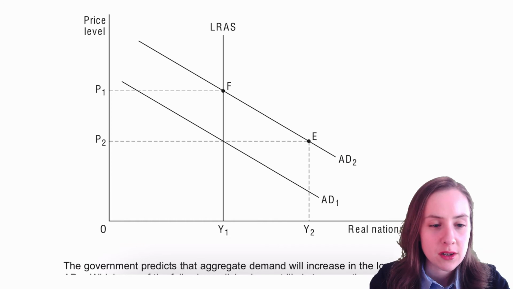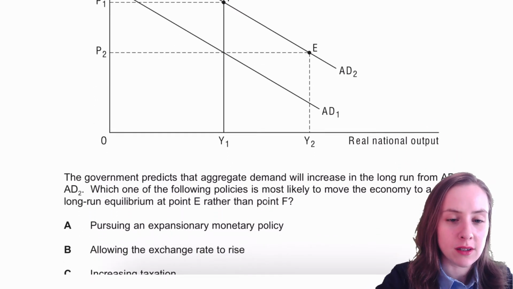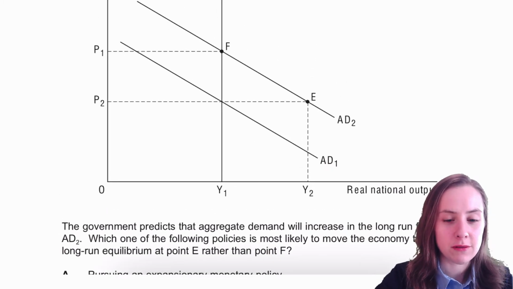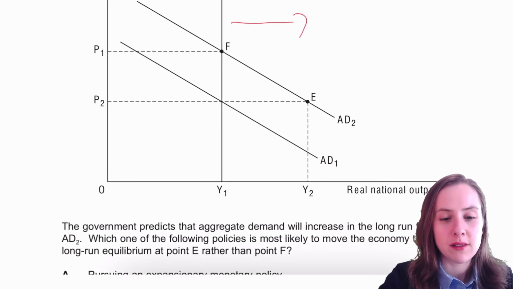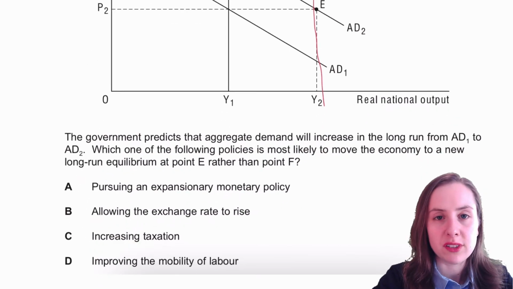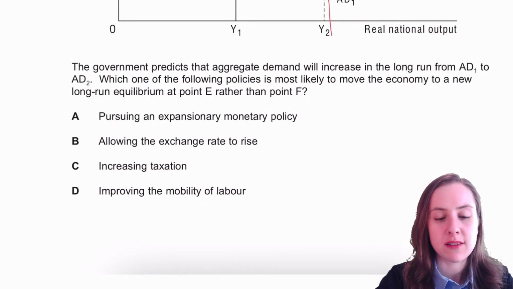Two aggregate demand curves and long run. Aggregate demand will increase in the long run from AD1 to AD2. We want to get to E and not F. Okay, so then the curve missing, we want the long run AS to shift to here. So all I'm looking for is a policy that would shift the long run AS to the right.